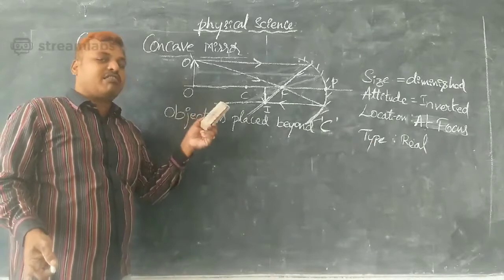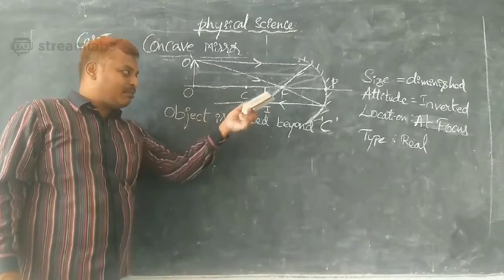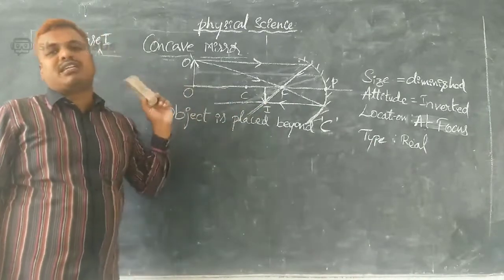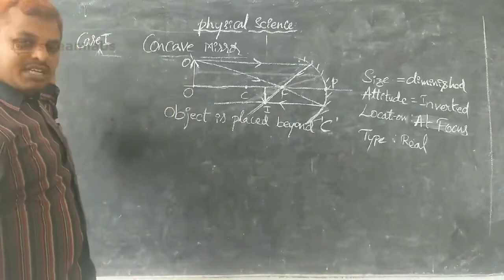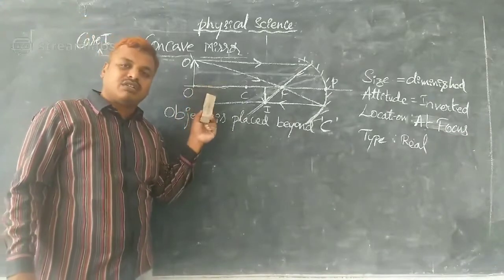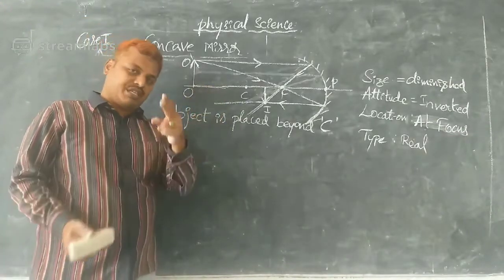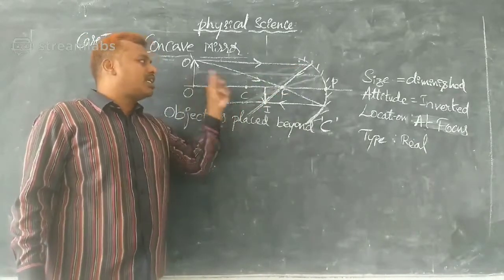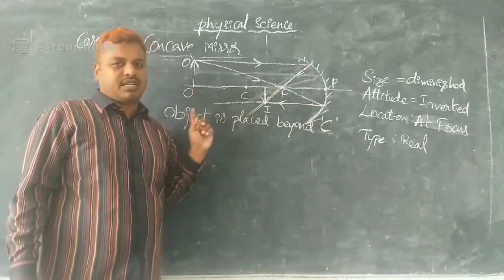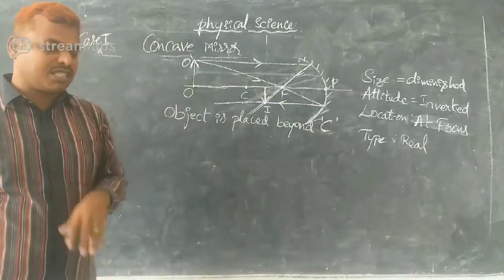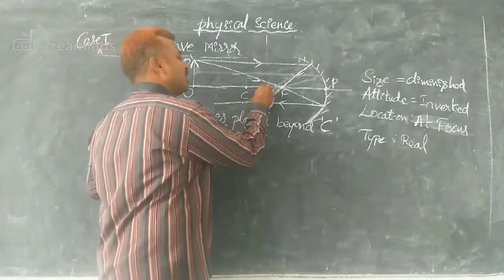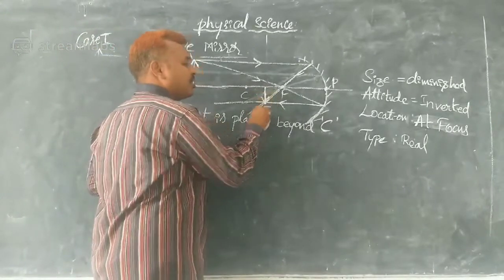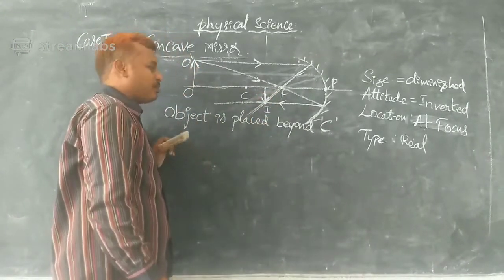But I brought the object a little nearer to the mirror, not at infinity, and I took only two rays. One ray is from the head onto the reflecting surface. Another ray goes through the focus onto the reflecting surface. And it forms an image.